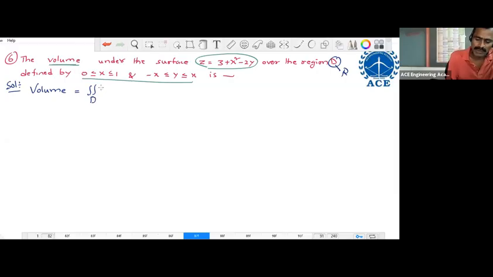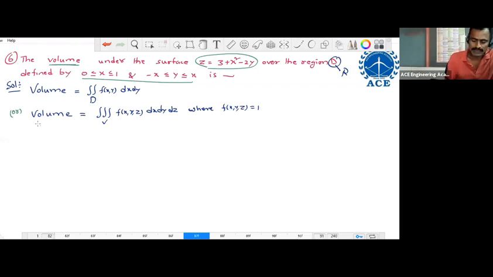Region D, f of x comma y, dx dy, or volume is given by triple integral over V, f of x, y, z dx dy dz, where f of x, y, z equals 1 only.